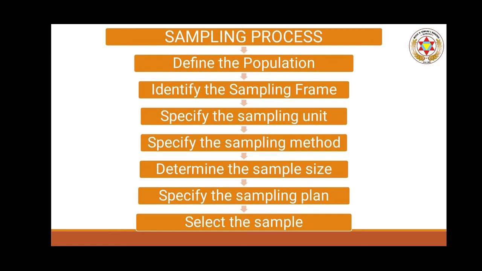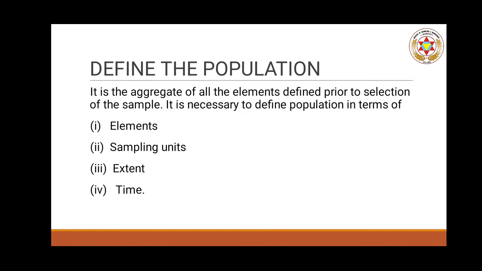It is the aggregate of all the elements defined prior to selection of the sample. While defining the population, we need to understand a few important things: specifying the elements, then knowing the sampling units, the extent and the time.